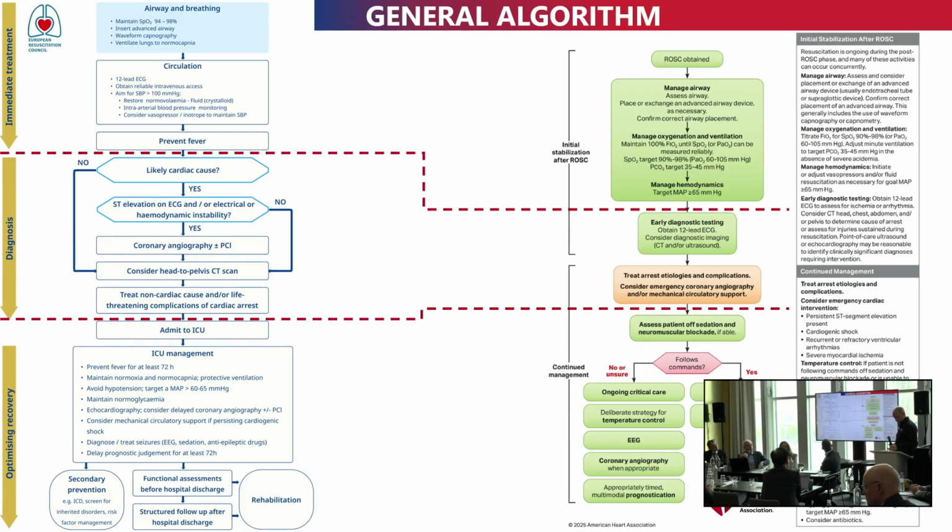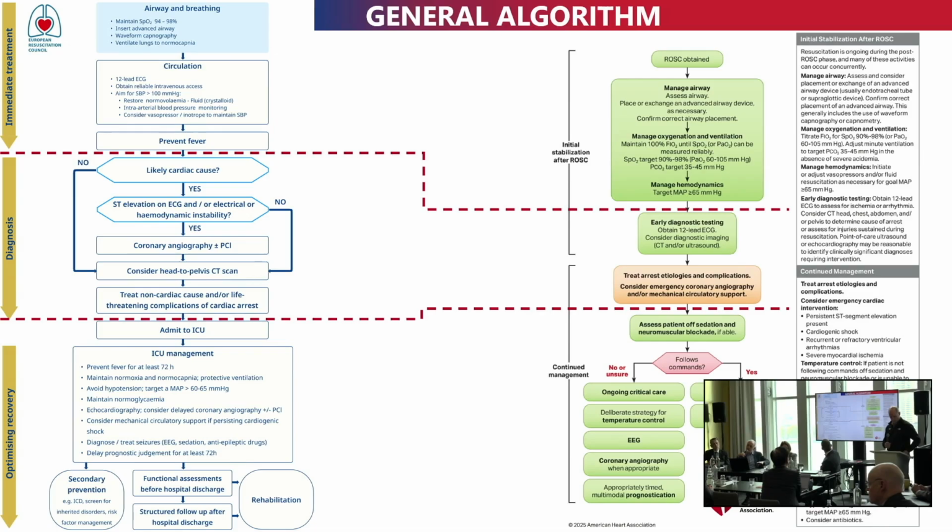And in these patients, a whole body CT scan with pulmonary angiography should be considered. And as we said, we should consider mechanical circulatory support for persisting cardiogenic shock in selected patients.